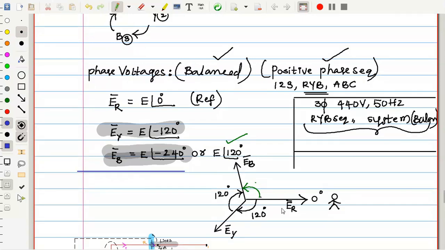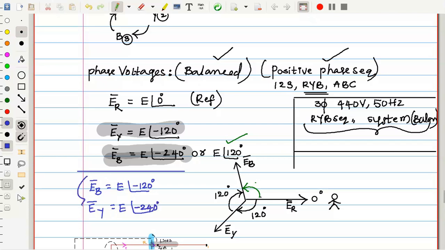After R phase, if it is negative phase sequence, what do we get? We get B phase. So EB is equal to E at an angle of minus 120 degrees, and EY is equal to E at an angle of minus 240.